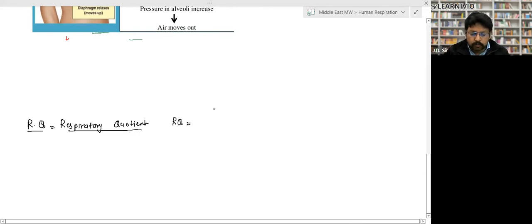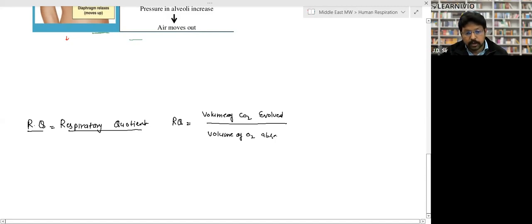RQ is equal to volume of CO2 evolved and volume of O2 absorbed. That is called RQ.